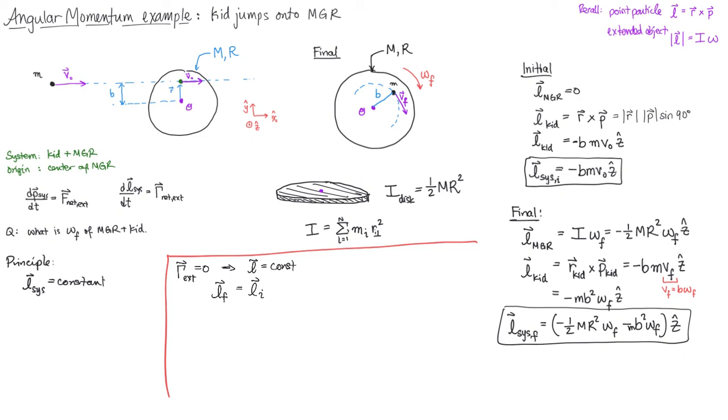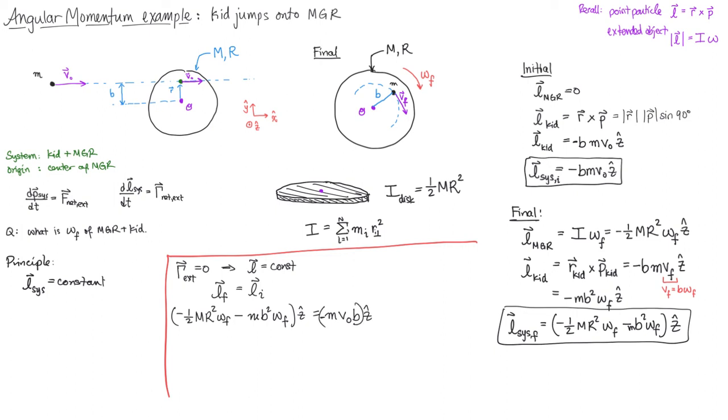So L final is minus 1/2 MR squared omega plus mb squared omega final, oh sorry, that's a minus mb squared omega final, all in the z hat direction, is equal to m v naught b in the minus z hat direction.